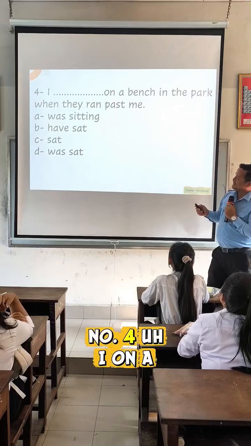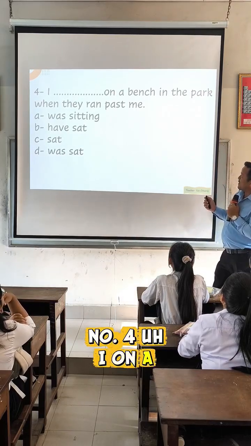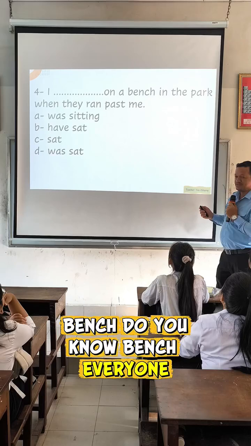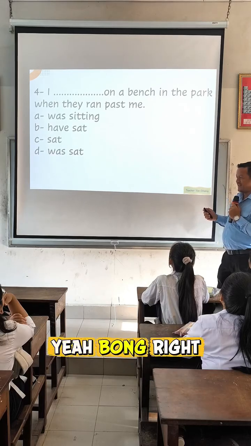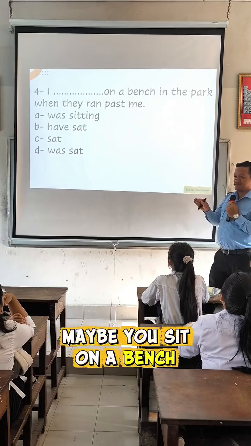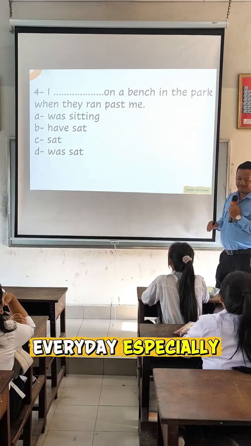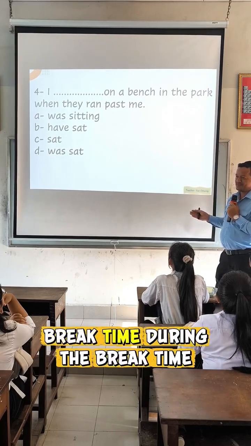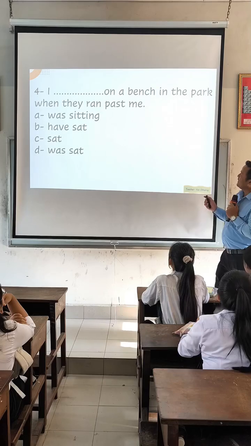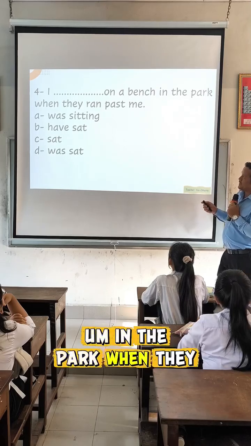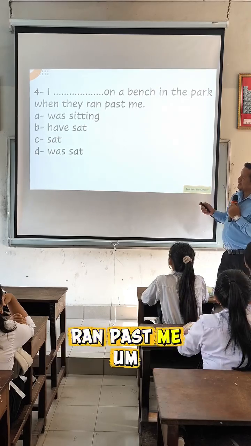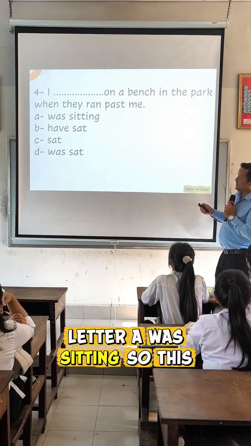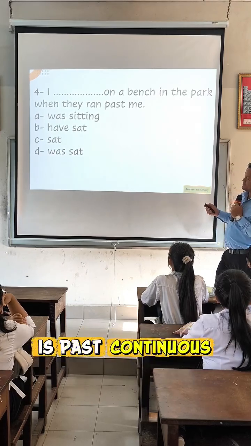Number 4: I on a bench. Do you know bench, everyone? Maybe you sit on a bench every day, especially during break time, in the park, when they ran past me. Letter A, was sitting, is past continuous.